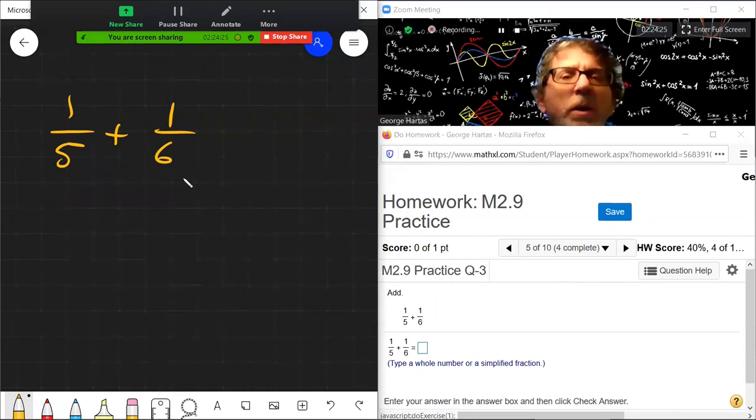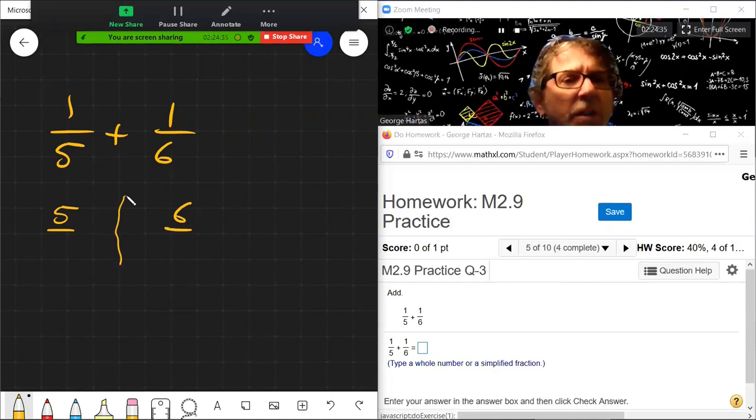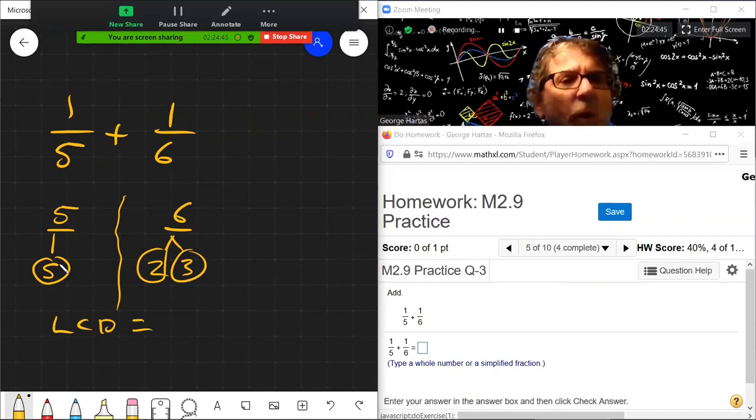Factor tree or the list of multiples. Let's try the factor tree. So we got 5. We got 6. 5 is prime. Bring it down, circle it. 2 times 3 is 6. LCD. 1 5 here, no 5's here. There are more 5's here. That comes down. 1 2 here, no 2's here.